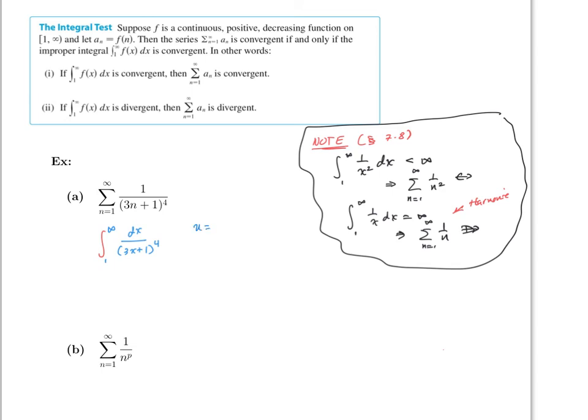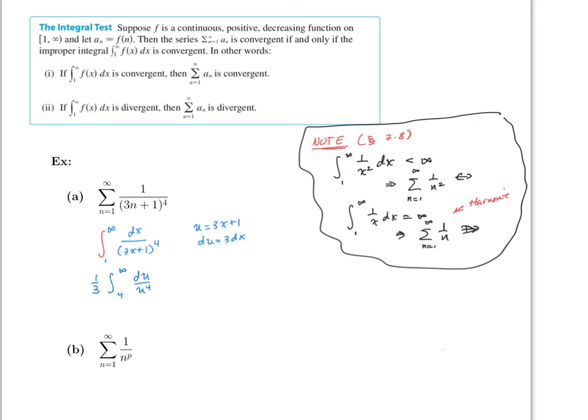We need to make a substitution: u is 3x plus 1, so du will be 3 dx, and we will need 1/3. The integral now will go from 3 plus 1, which is 4, to infinity, and this will be du over u to the 4.